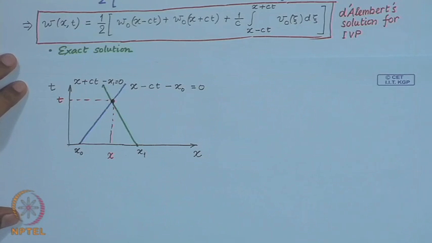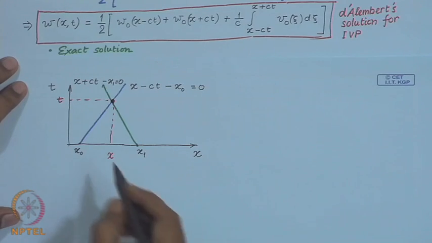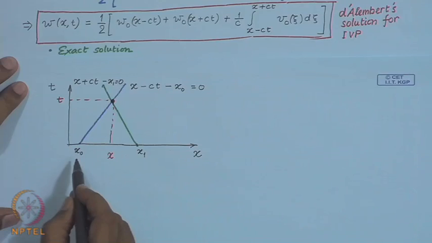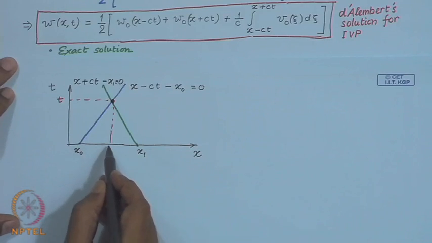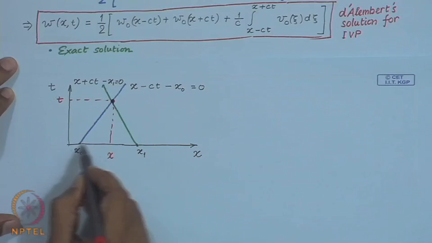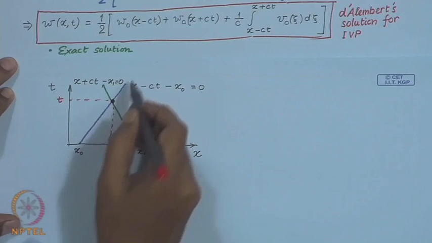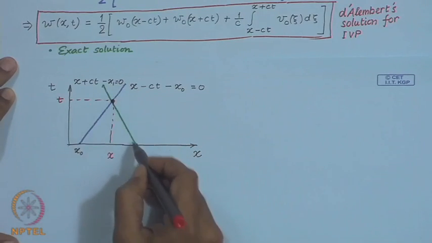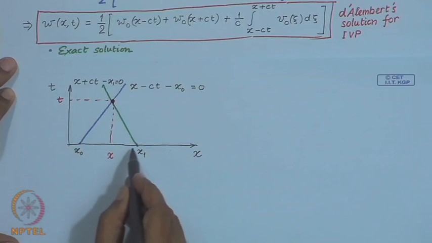So therefore, this x 0 point is nothing but x minus c t. The slope of this line is plus c and the slope of this line is minus c.